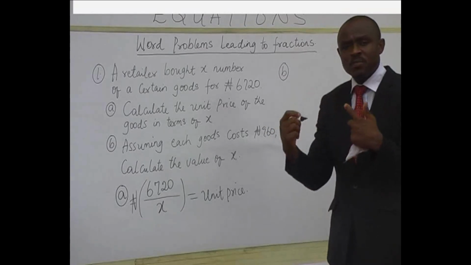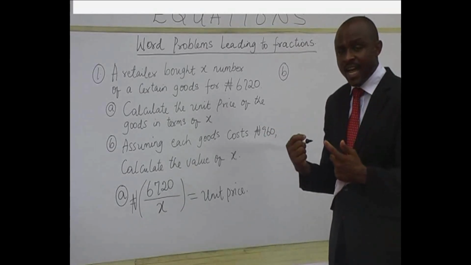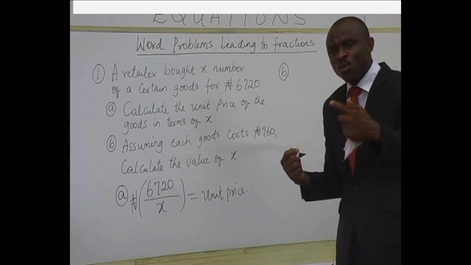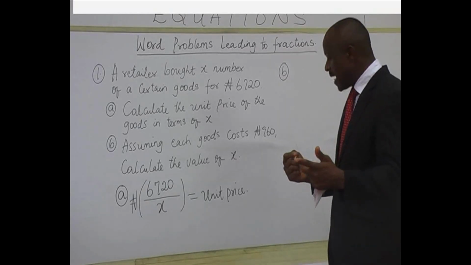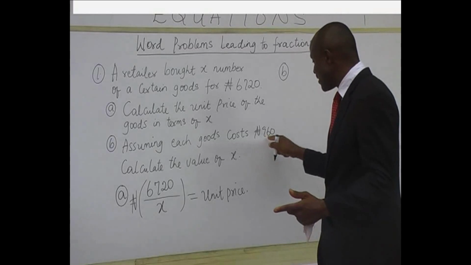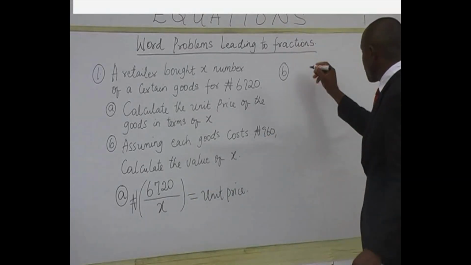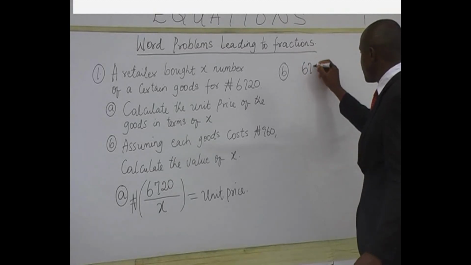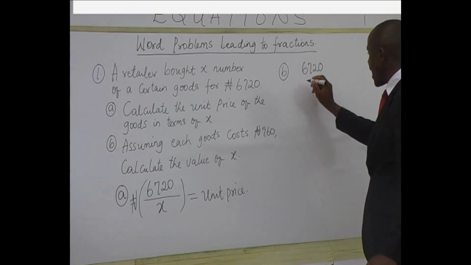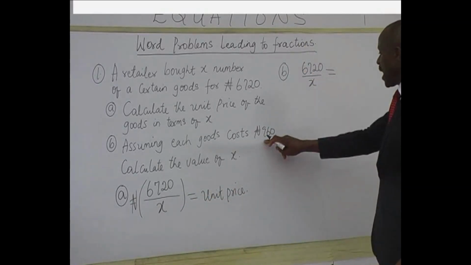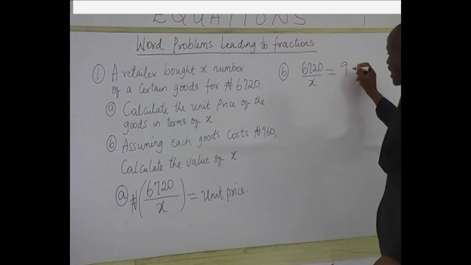So if the unit price is 960 naira and you want to calculate the number of goods the retailer bought, you are going to equate the unit price to 960. That will give us 6,720 divided by X, which is the unit price, equal to the value they gave us, which is 960.